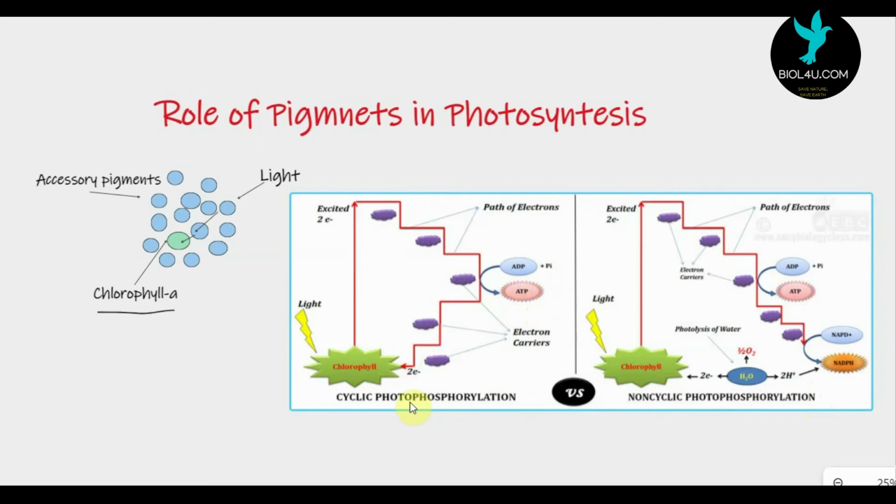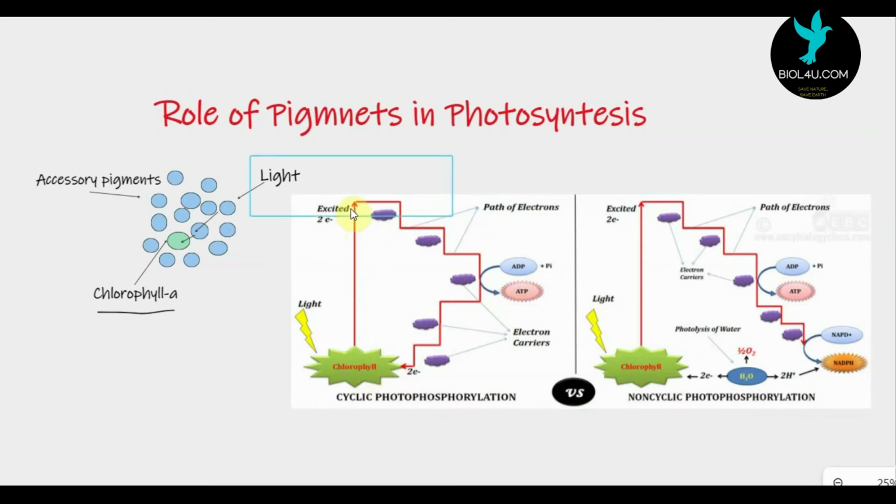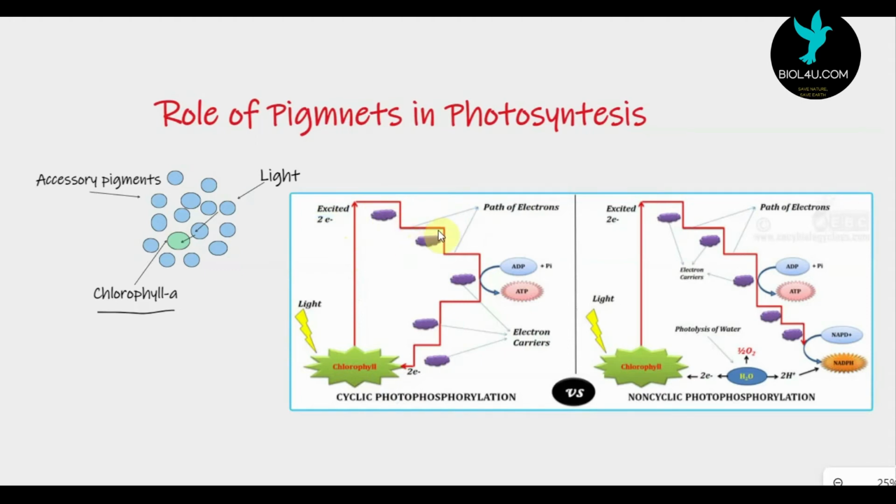In cyclic photophosphorylation, the electron transfers to the electron carrier first, then from that to another and another. These are the path of electrons, and during this time it is producing ATP. This electron reaches back to chlorophyll A within 10⁻⁹ second.